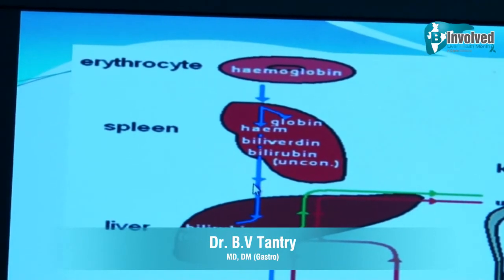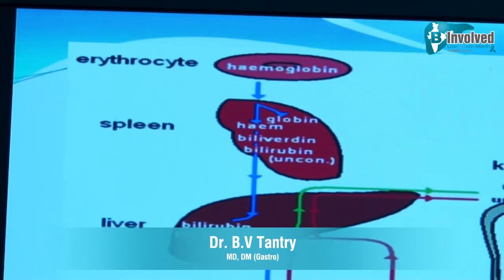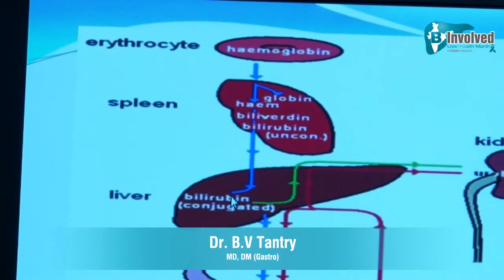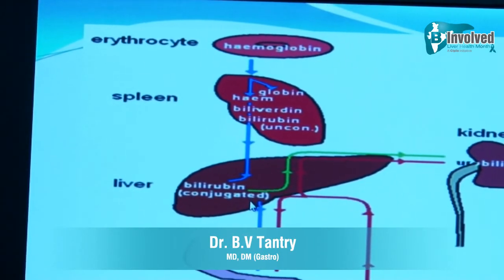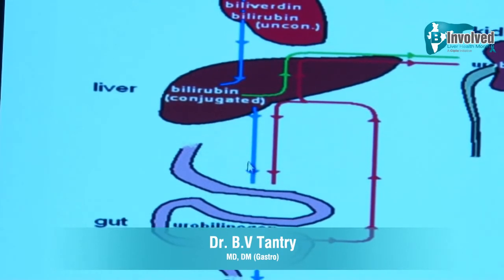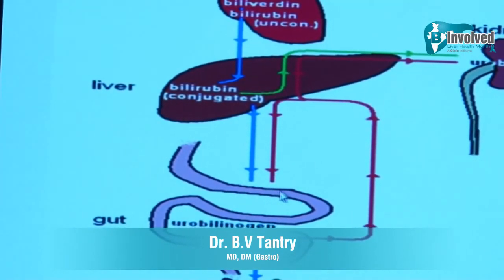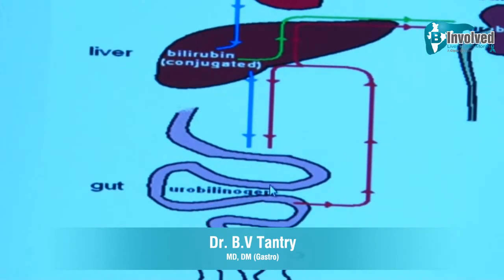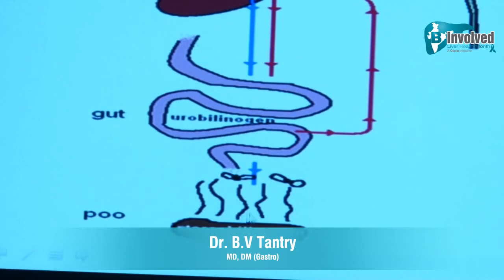The liver has a job: it has to take up this bilirubin and convert or conjugate it so that it can be passed out in the bile. The bile from the liver enters through the bile duct into the intestine, and in the intestine this bilirubin is converted by the action of bacteria into stercobilinogen, and thereby it is passed out in the stool.